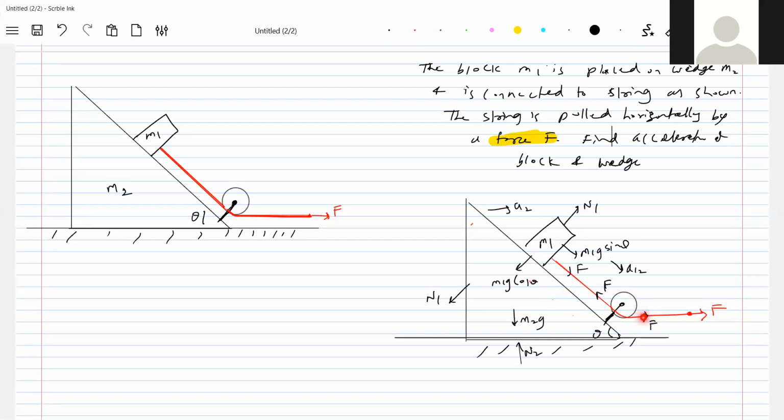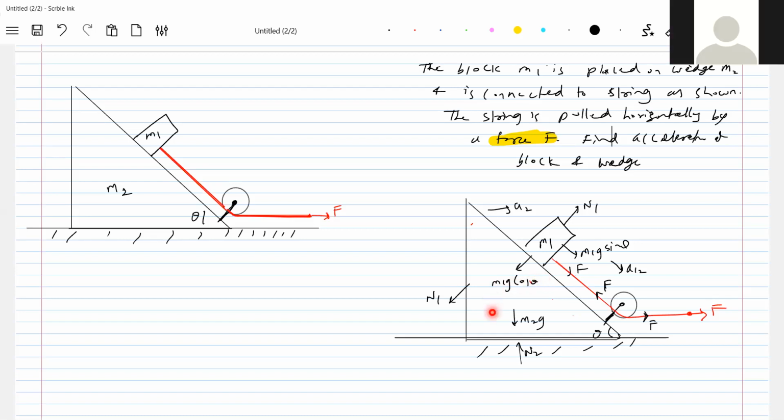You see the F force, F cos theta, and N1 sin theta. N1 is some sort of reaction. We'll solve it, and if we get A2 in the negative direction, the wedge cannot move towards left.